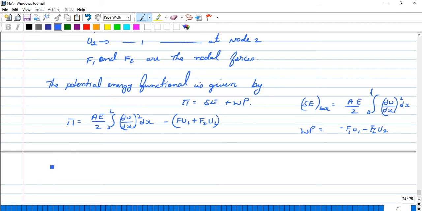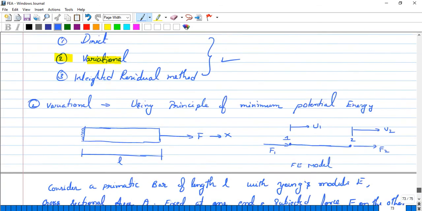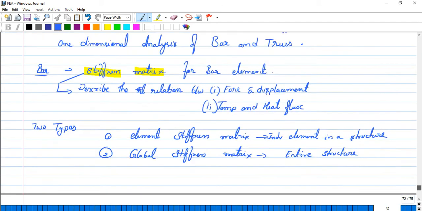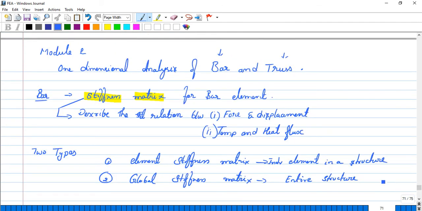The second step is to assume the displacement function. Okay, for this problem, we already discussed the interpolation model in detail in module 1.